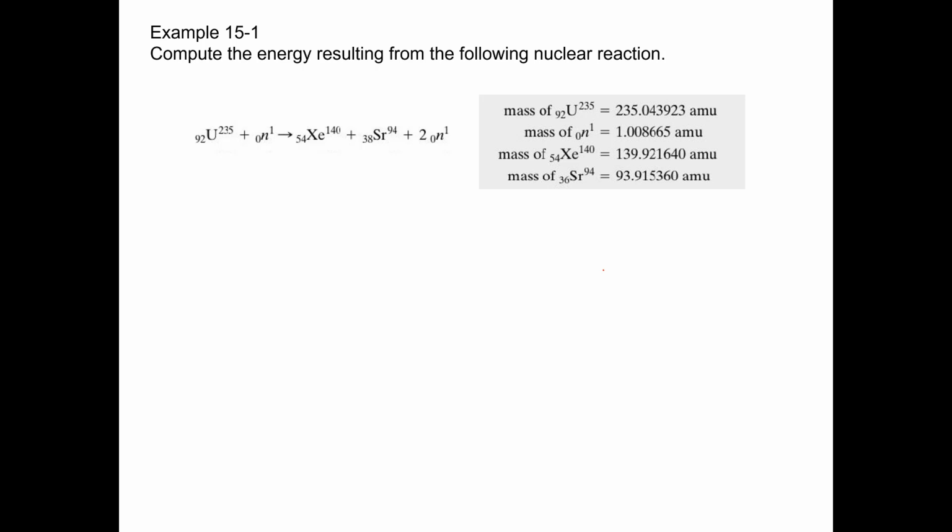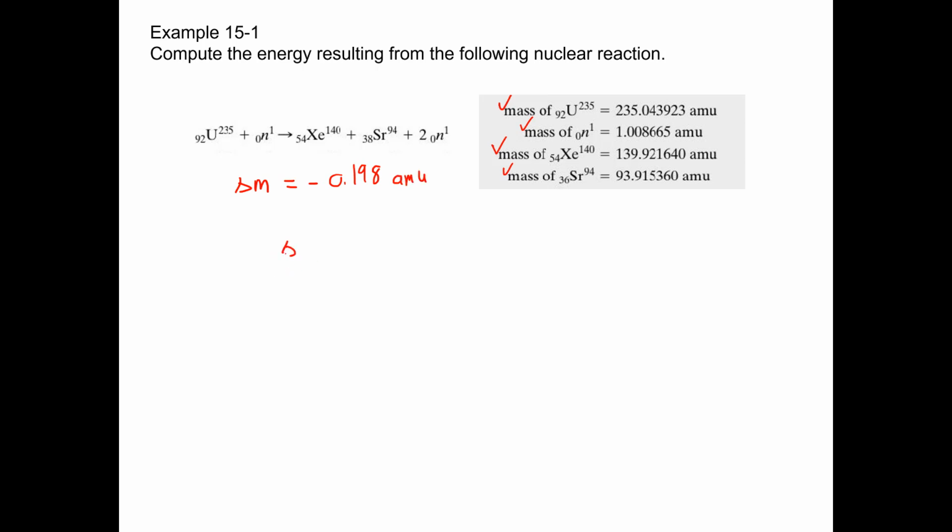To get started, you can see we have the atomic mass of each of the products and reactants. If you do the math, you would find that the total change in mass between the product side and the reactant side would be negative 1.98 atomic mass units.